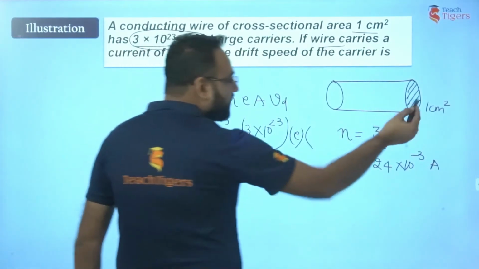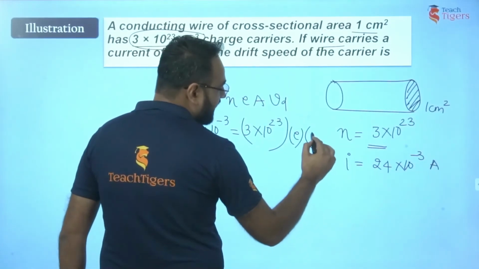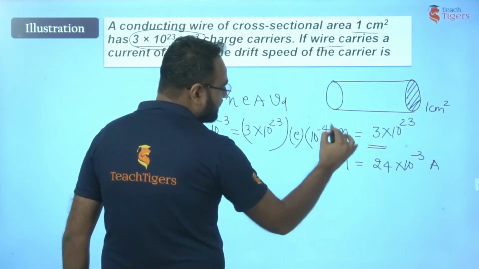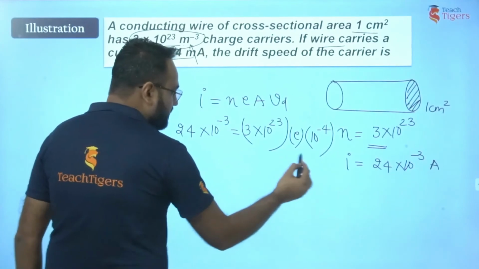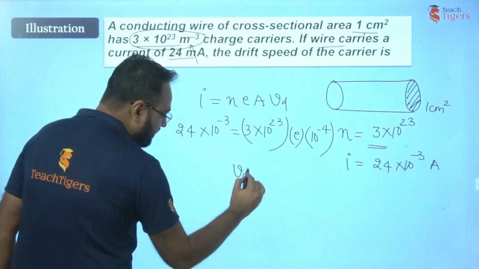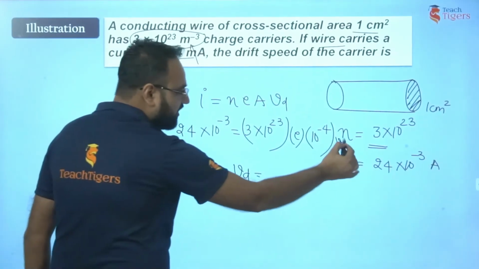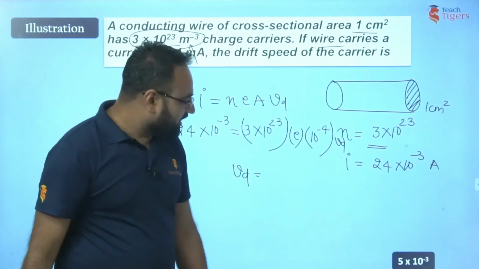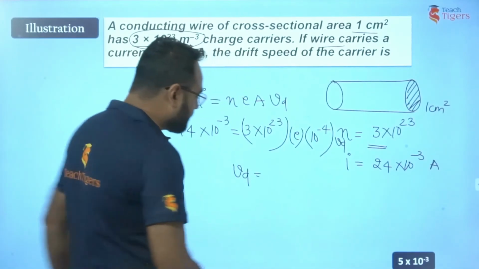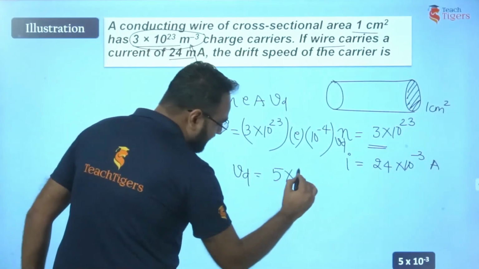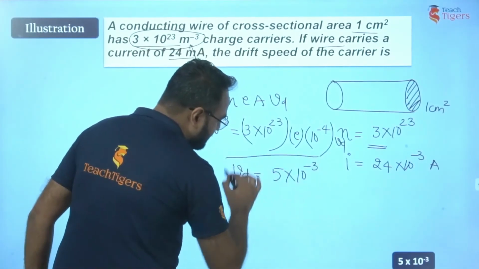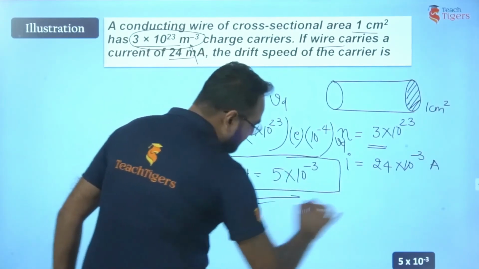If you convert it to meter square, it will be 10 raised to the power minus 4, into VD. So you can directly solve this equation for VD. Simple calculations are there. And the answer we get is 5 into 10 raised to the power minus 3. This is the drift velocity, right?